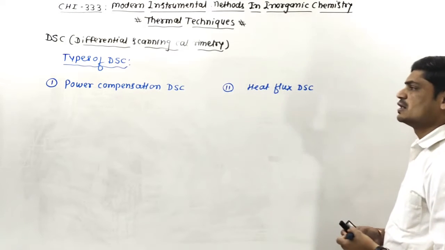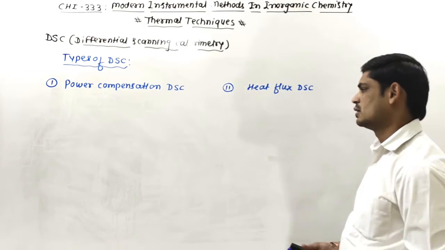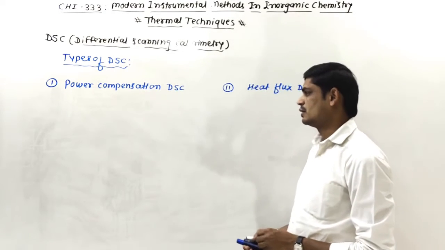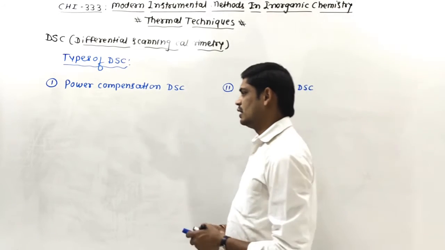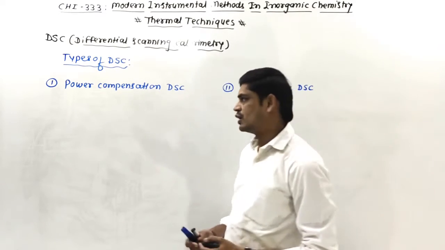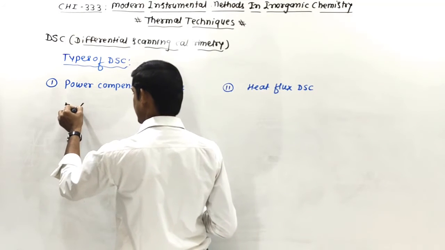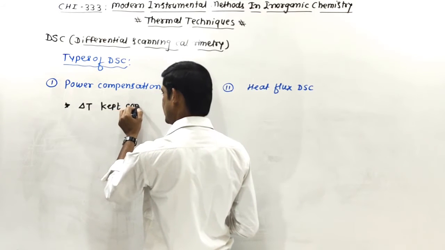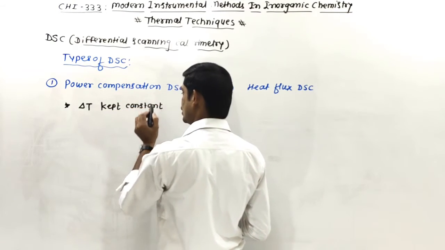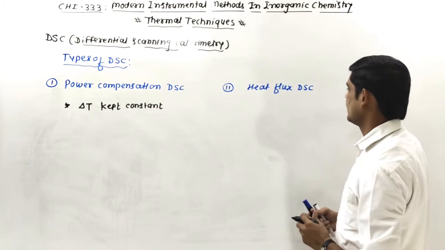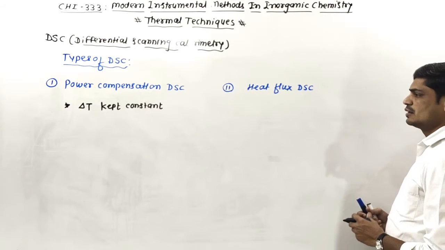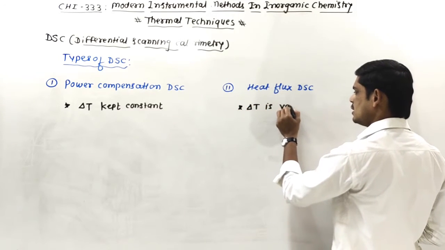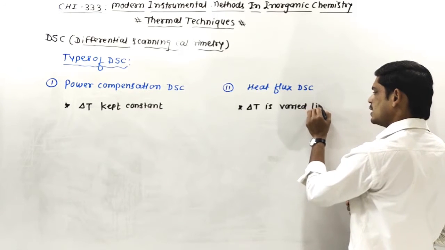Two types of differential scanning calorimetries are there. In case of a power compensation DSC, the delta T is kept constant. Delta T means the change in temperature is kept constant. However, in heat flux DSC, the delta T is varied linearly.